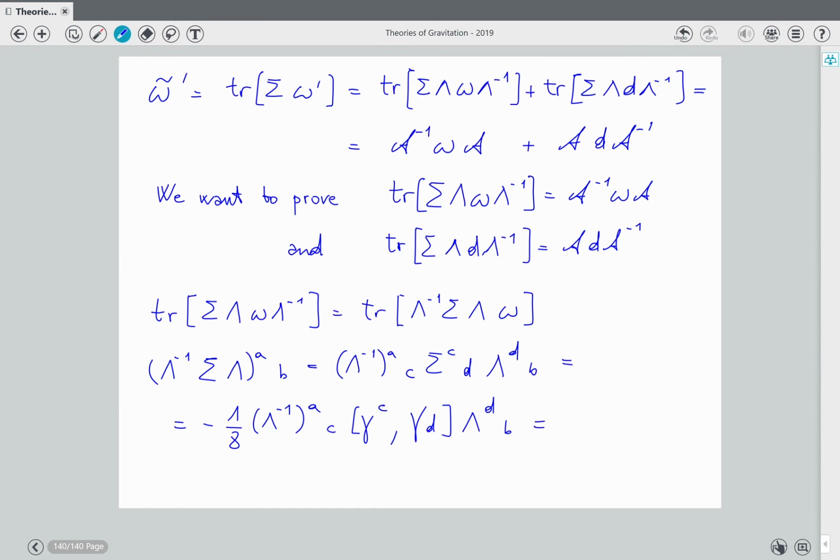So when you do that, what you get is just minus 1 divided by 8, curly A gamma A curly A to the minus 1, curly A gamma B curly A to the minus 1. But then curly A to the minus 1 times curly A gives 1 when they are in between, and the others also in the commutator. So this is just curly A sigma curly A to the minus 1.